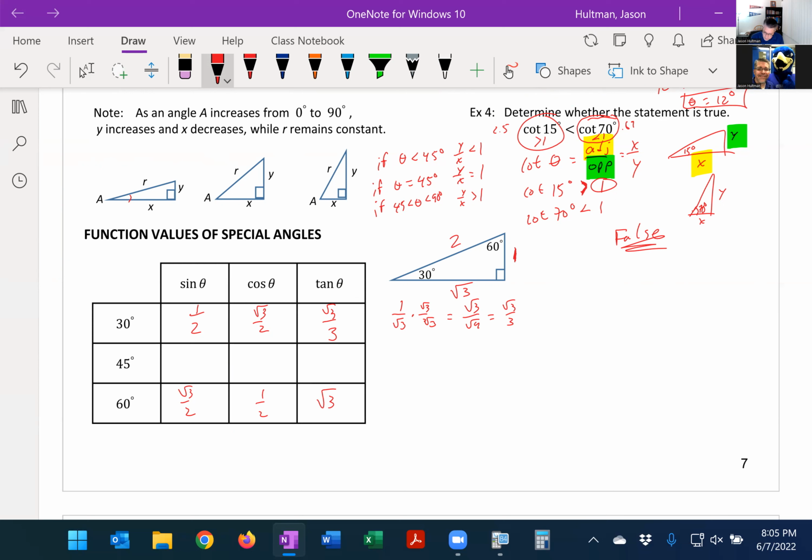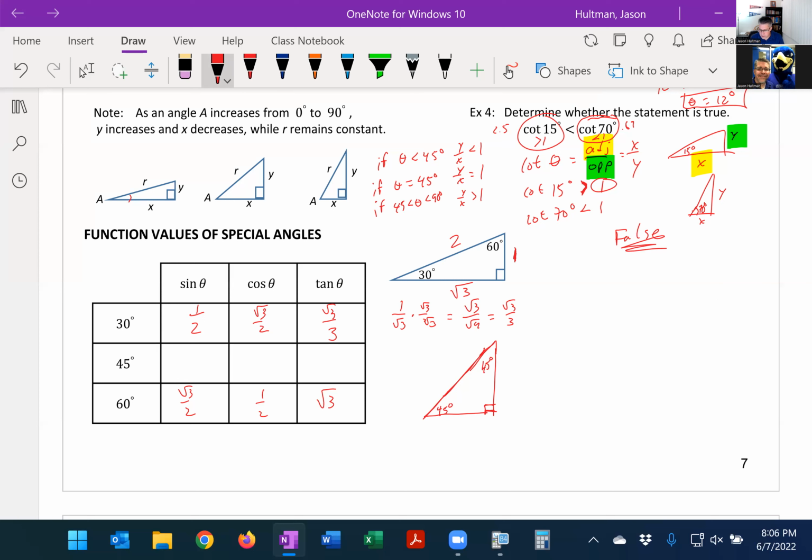Now, what about for 45 degrees? If I have a right triangle with a 45-degree angle, let me draw a big right triangle. If it has 45 degrees here, then it has 45 degrees here, because they have to add up to 90 and it's already a right triangle.